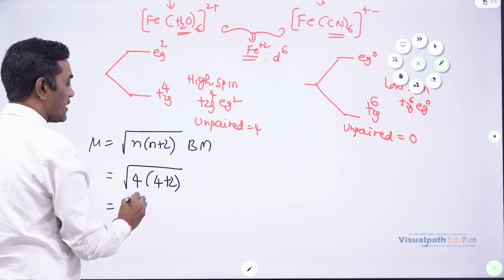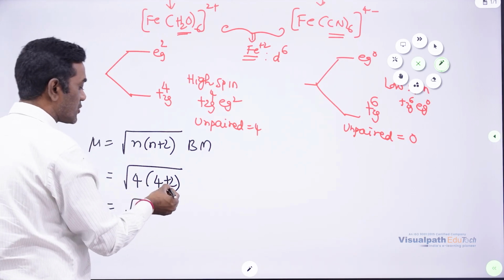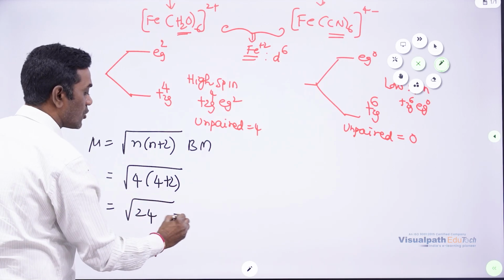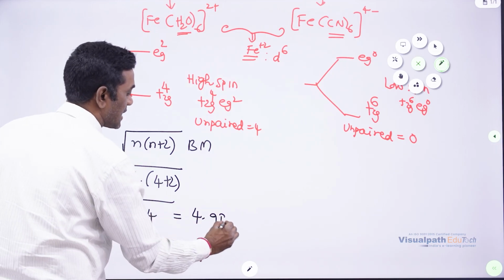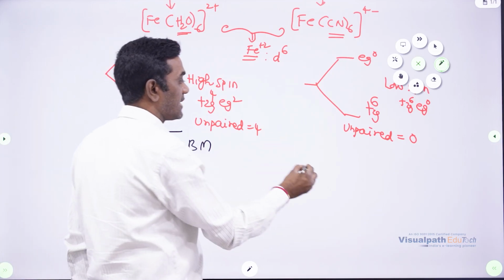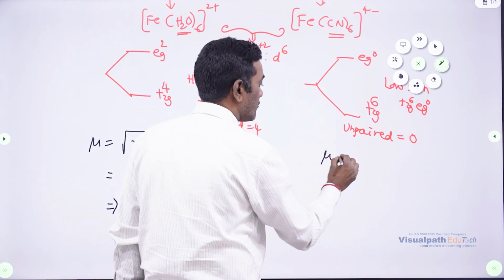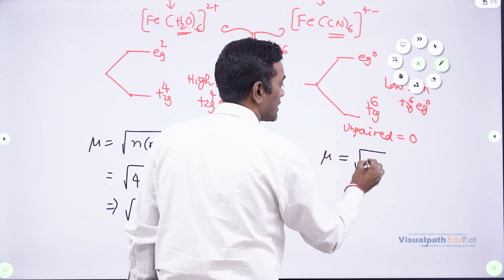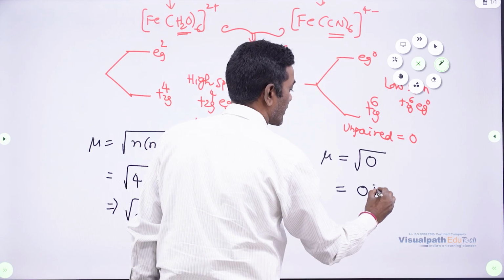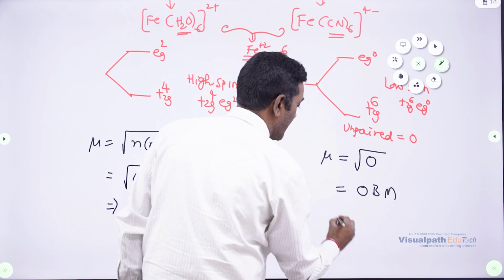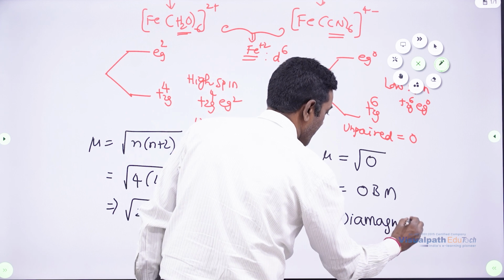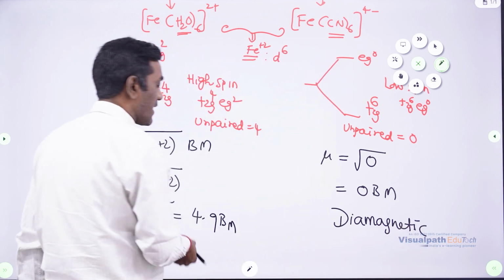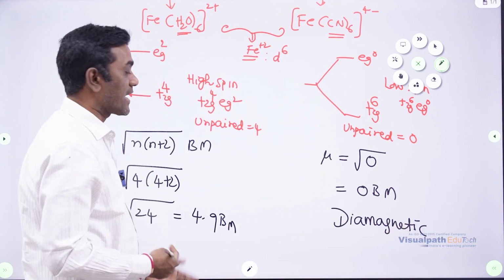Root over 4 into 6, 24. It's going to be approximately 4.9. Already we have seen the same thing before also. And here if you are comparing, mu is going to be how much? It's going to be 0 Bohr magnetons. So one is going to be diamagnetic. One is going to be paramagnetic because that is going to have some magnetic moment.